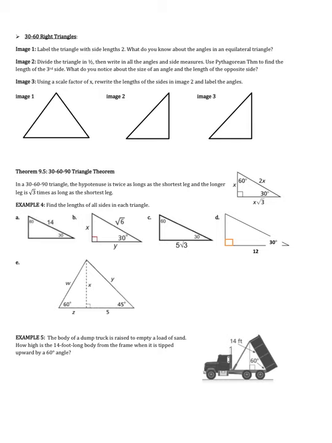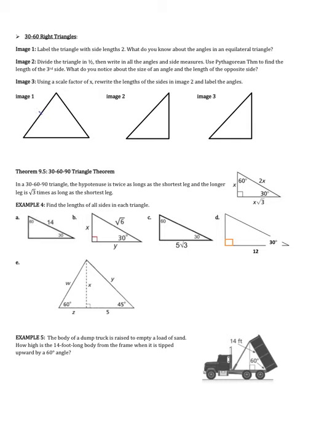All right, geometry. So here is the 30, 60, 90 right triangle. What I want to do is, again, go through the derivation so that if you forget the ratios, you have a good idea of how you could derive it for yourself.